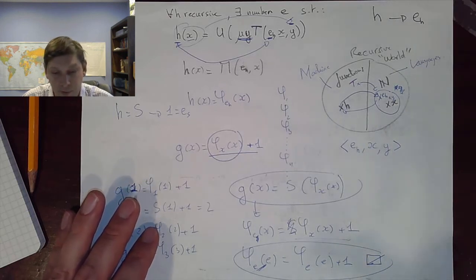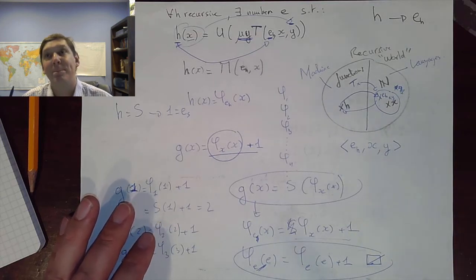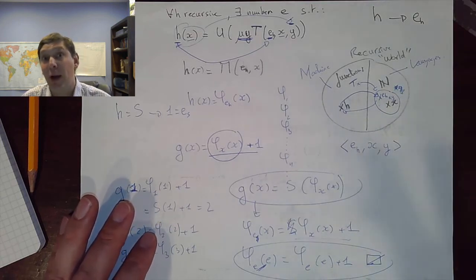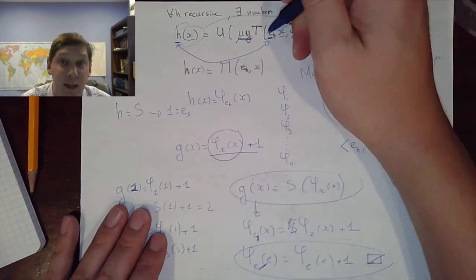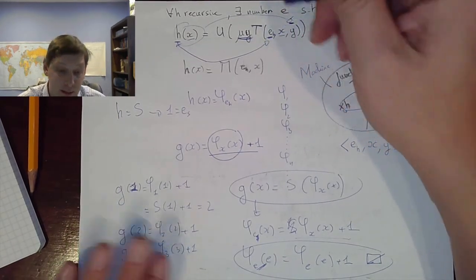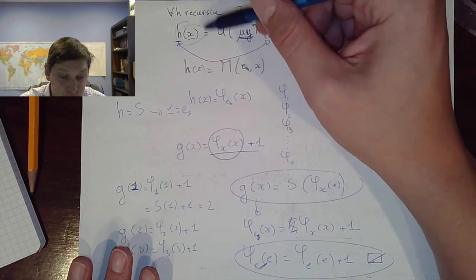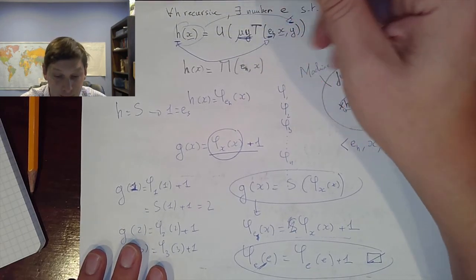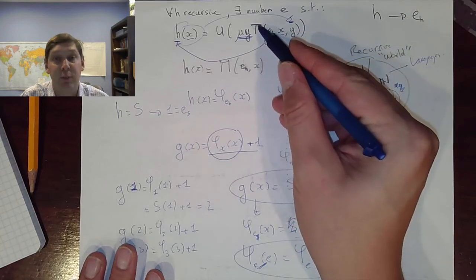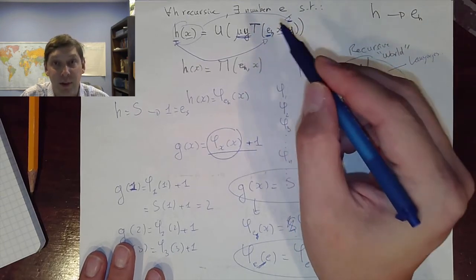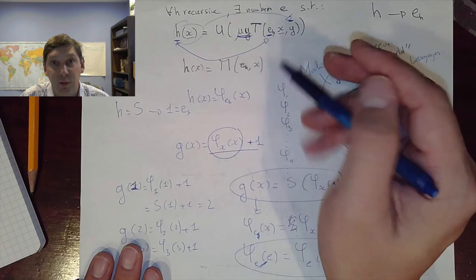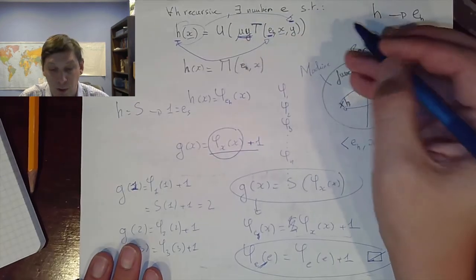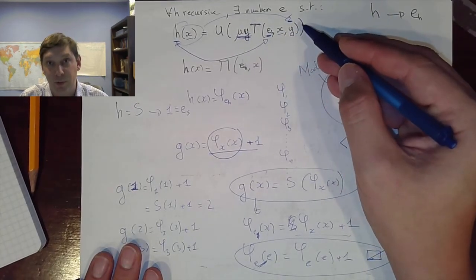The encoding process should convince you that this is not just pure idea. There is really concretely the possibility to treat a function as a number, and using t, the predicate t, to connect this number to the arguments of the function and to the whole computational tree of the function y.